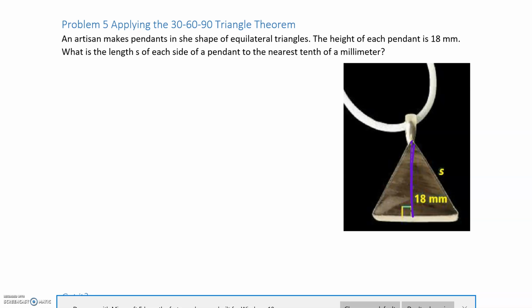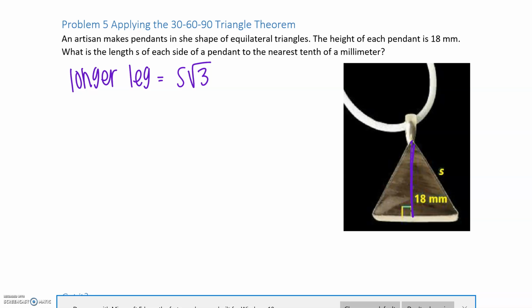So what we want to find is our hypotenuse. We know our longer side, so our long leg equals s square roots of 3. And we want to find our s right here.